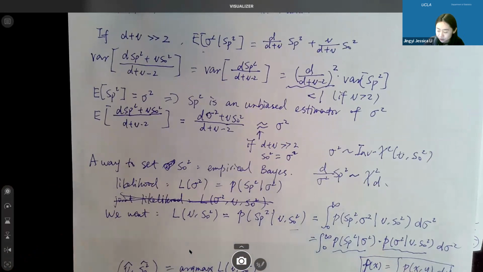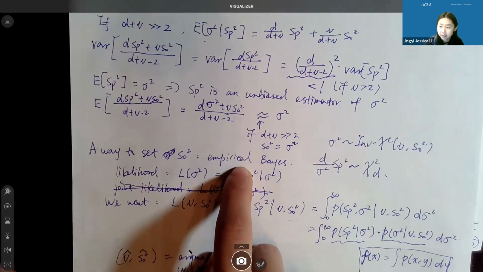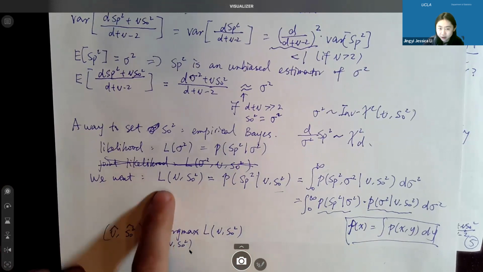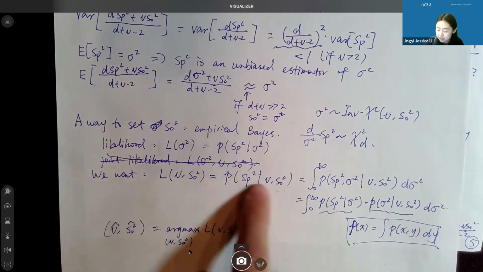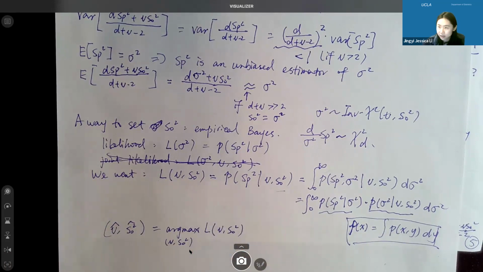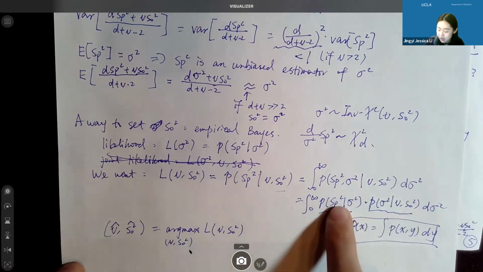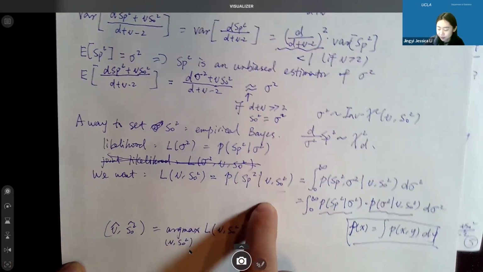And using the data to estimate hyperparameters is what we call empirical Bayes. So by empirical Bayes, the whole idea is that we would try to derive the likelihood of the hyperparameters by integrating out any other parameters in the middle. In our case, it's sigma square. Integrating out sigma square, we are left with the distribution of our data just given the hyperparameters.